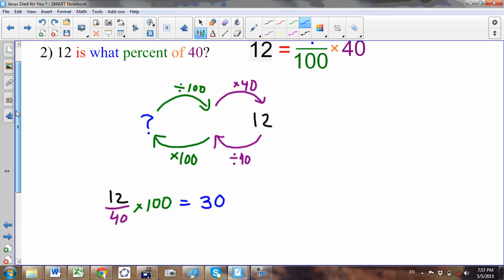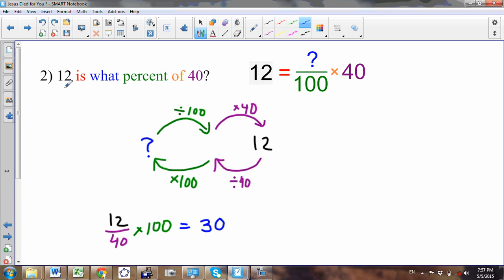And it's horrible of me to have not reminded you that before you even start solving a problem like this, you should have an estimate about the percentages. 12 is about a third of 40, a little bit less than a third. So hopefully you have an idea that a third is 33 and a third percent.